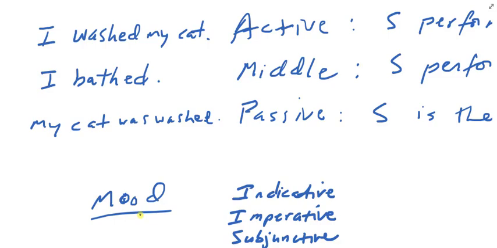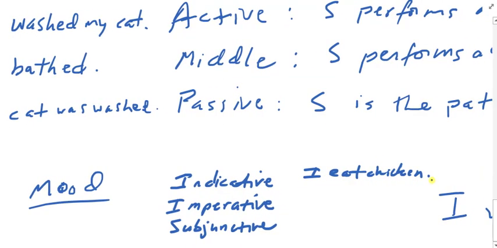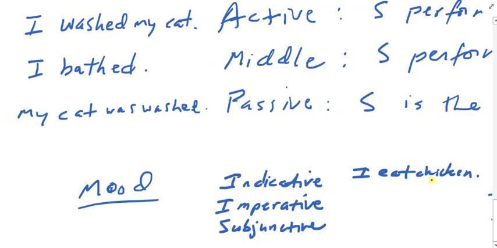If I say, for example, I eat chicken, okay? I'm making an assertion here, right? I'm just saying what is the case. I eat chicken. Imperative involves the speaker projecting his will for something to happen.